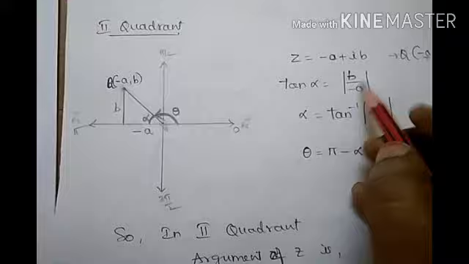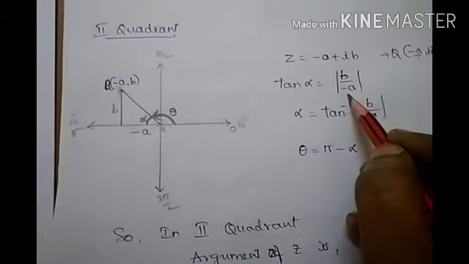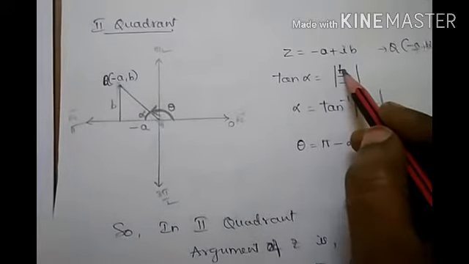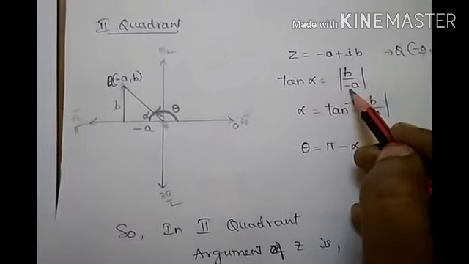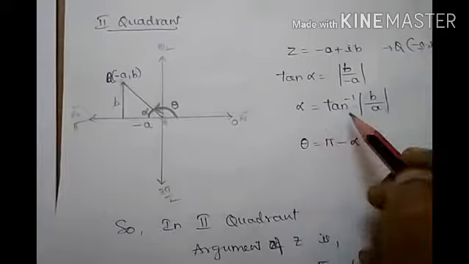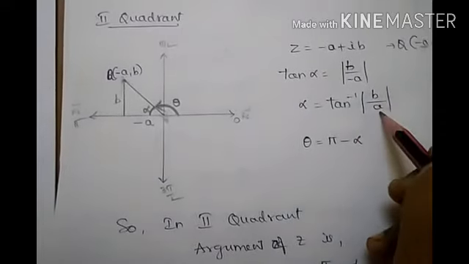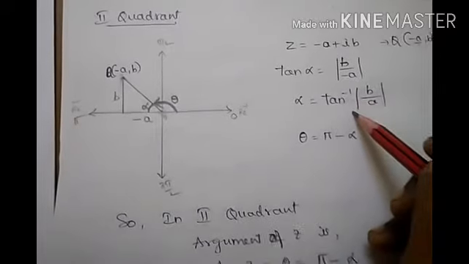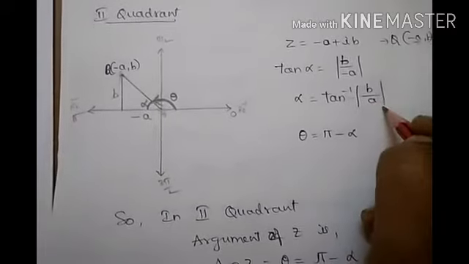So tan alpha equals modulus of b by minus a. Here the opposite side is b and the adjacent side is minus a. Therefore alpha equals tan inverse of modulus of b by a. Since modulus converts the negative into positive, you can simply write tan inverse of b by a.